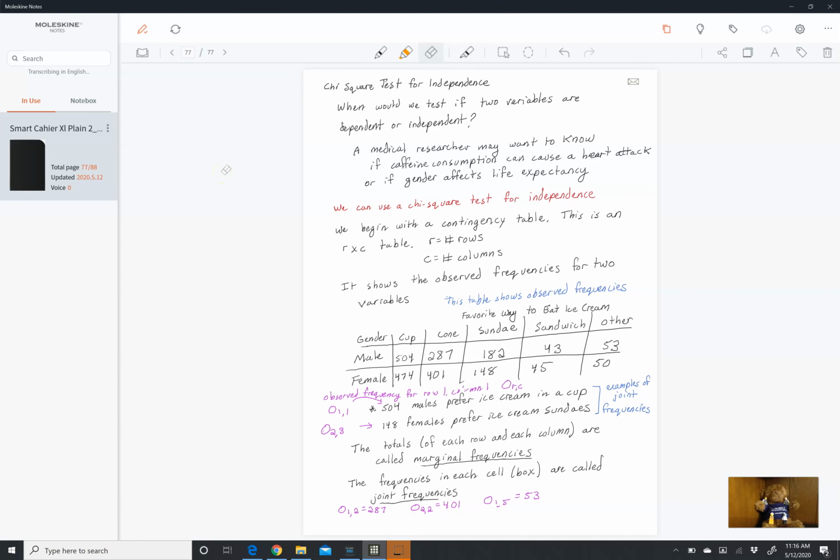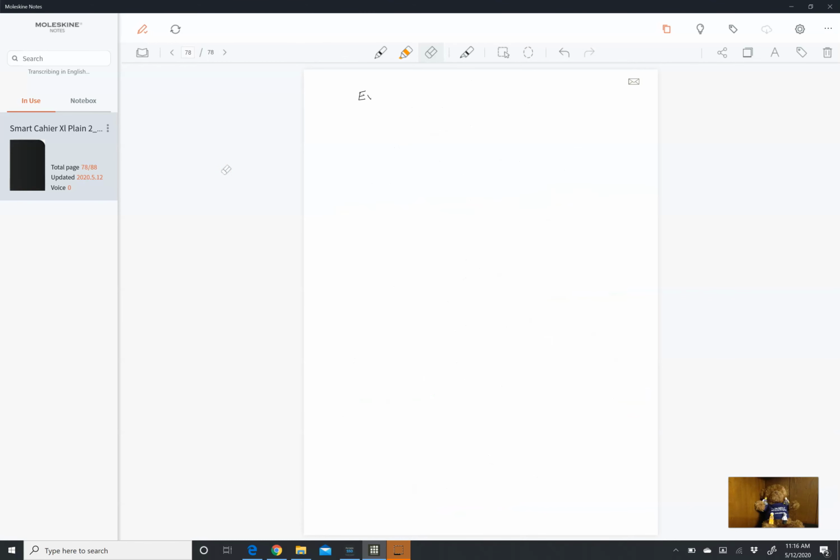The expected frequency for any cell, so row 1, column 1, would be the sum of the row, so the total for that row, times the sum of that column, over the sample size.